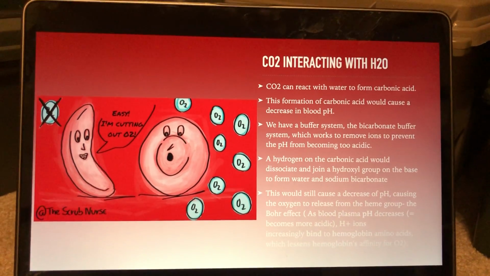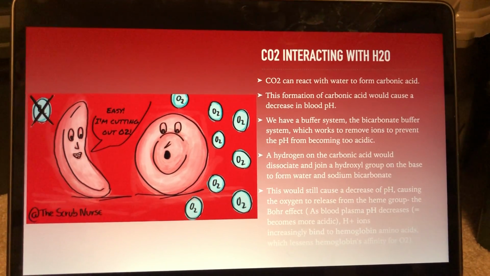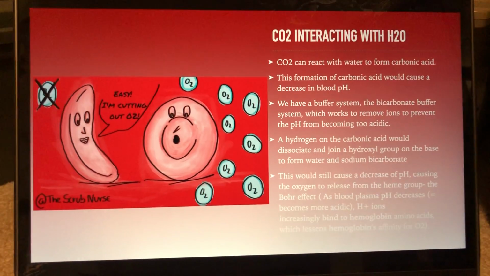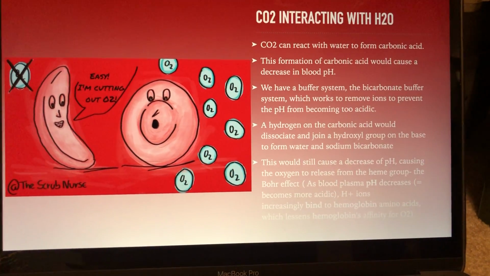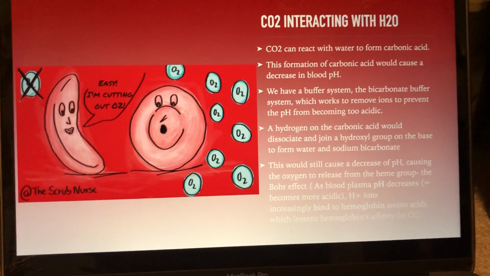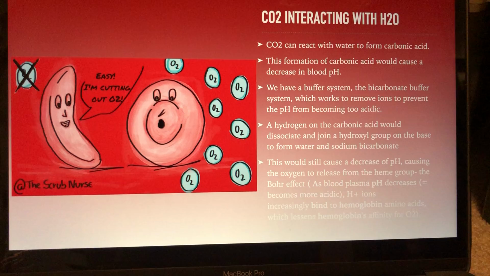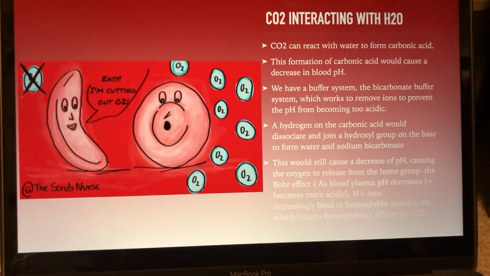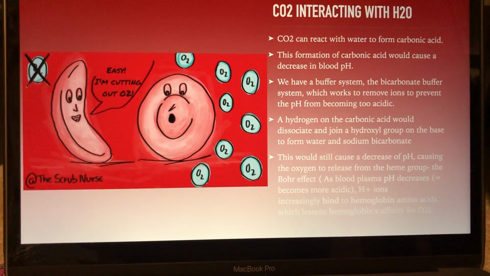And lastly, talking about CO2 interacting with water and what that does. CO2 can react with water, and this forms carbonic acid. The formation of carbonic acid is going to cause a decrease in the blood pH in our bodies.